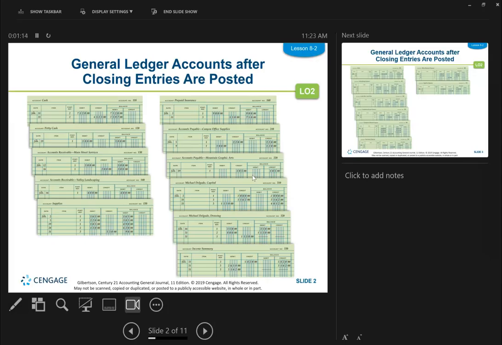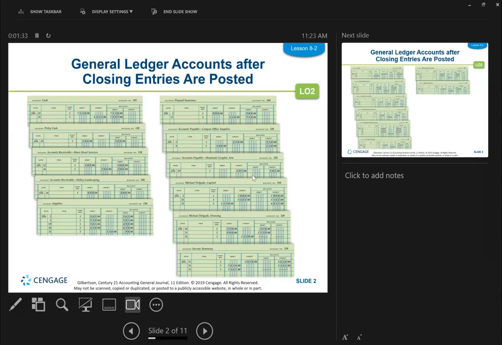Then from that, we start moving into closing accounts for the month. That's what we did last section. Now that we've closed out all these accounts, the last thing we want to do in the month is make sure that we haven't missed anything.